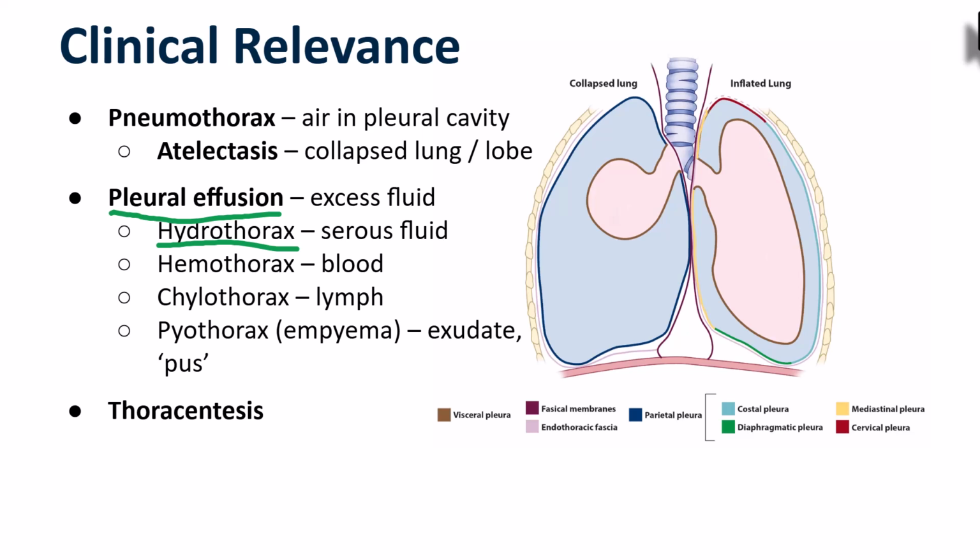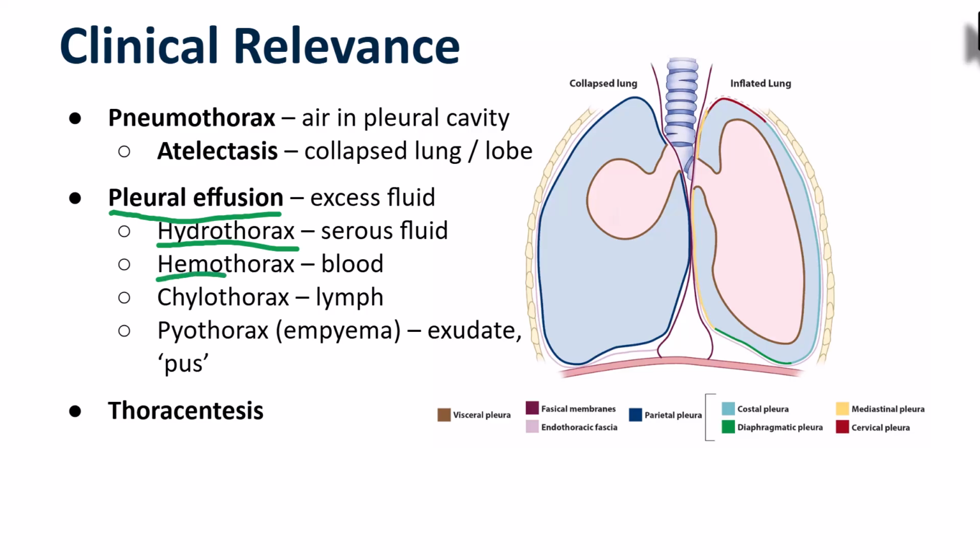So we might move from 5 to 15 milliliters to 200 or even 300 milliliters of fluid. Just like with cardiac tamponade, if there is pressure against the lungs, they can't expand during inhalation, and ventilation becomes difficult and then impossible. We can also have hemothorax, hemo meaning blood.